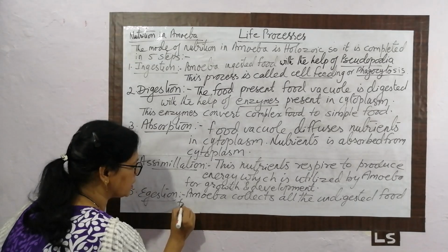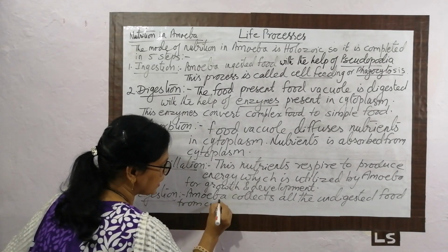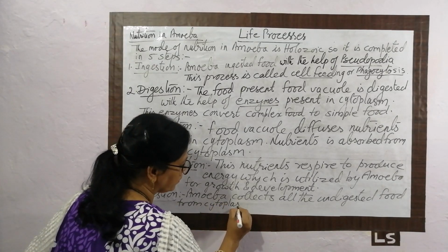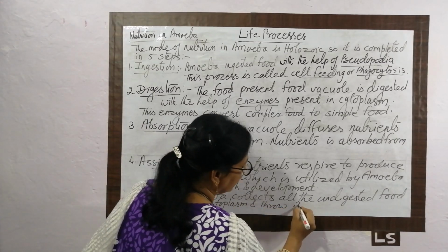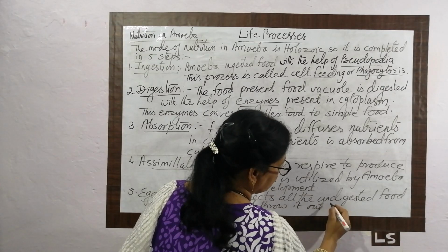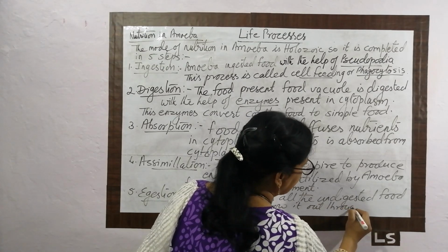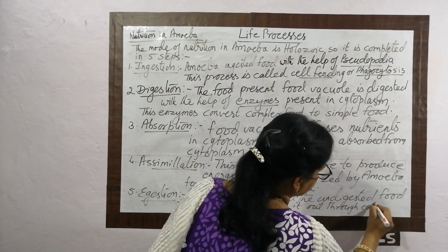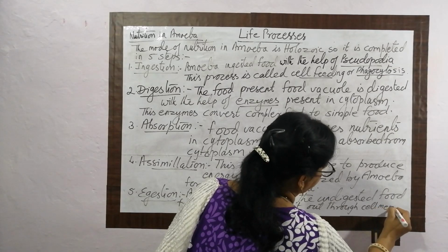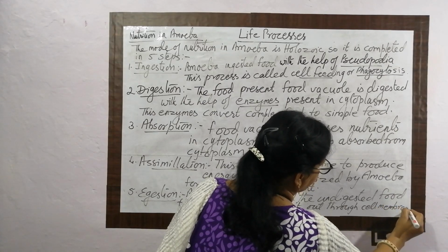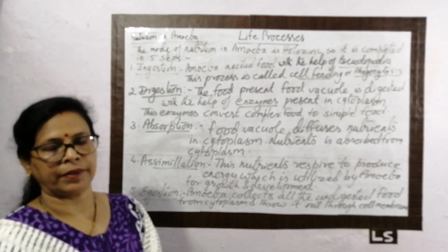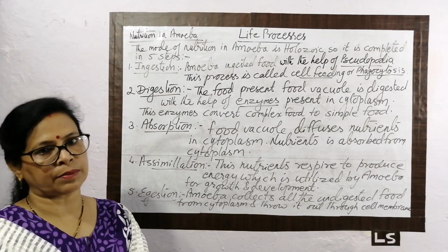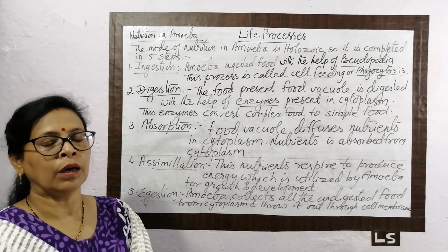From cytoplasm. And throws it out through the cell membrane. Now, in this way, the digestion in amoeba gets completed. It is a 5-step process as present in all the holozoic organisms.